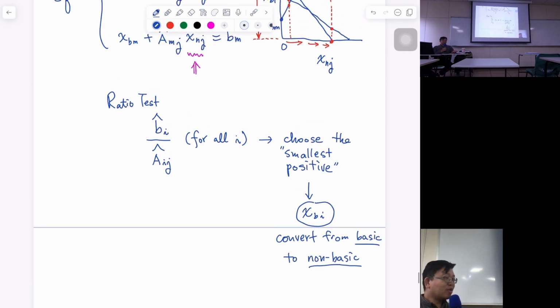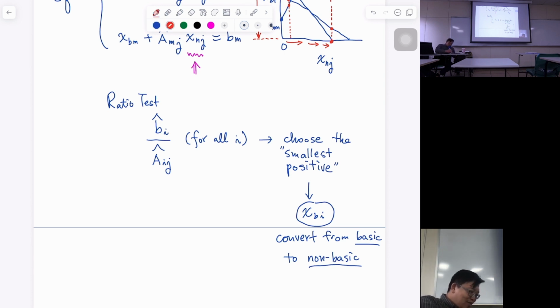When we are done right here, that is the end of one iteration. We will go back and repeat everything again and again until we cannot do it anymore.